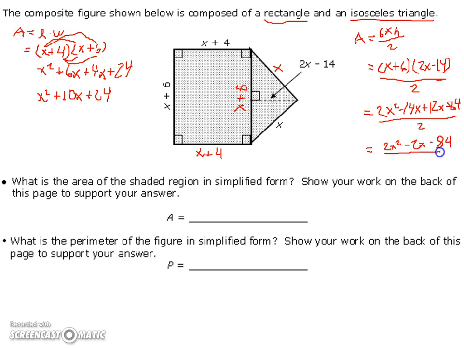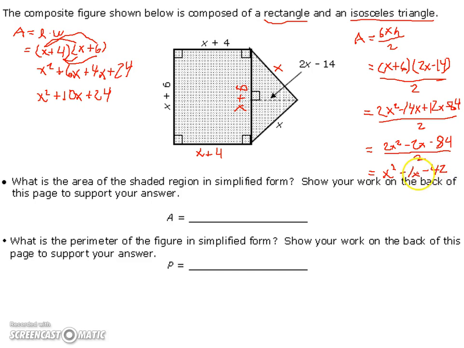And so now we're ready to divide everything by 2. 2 divided by 2 is just 1, so that's just x squared. Negative 2 divided by 2 is negative 1, so it's just negative 1x, or just negative x if you like. And then 2 goes into negative 84 42 times, so that's going to be negative 42.